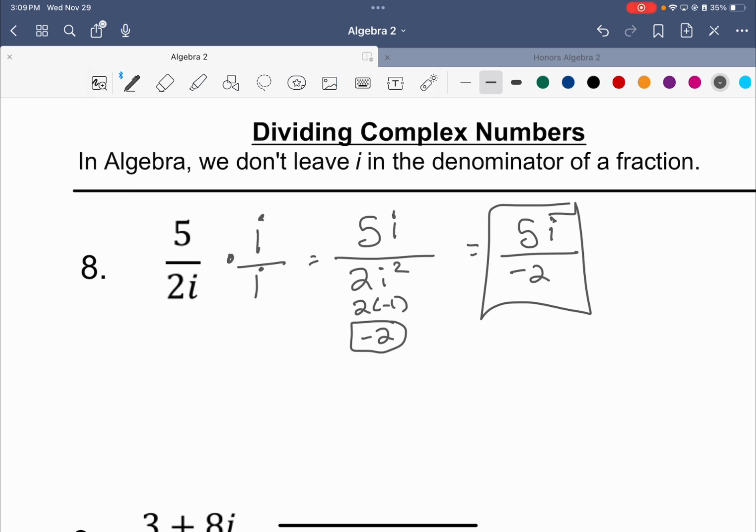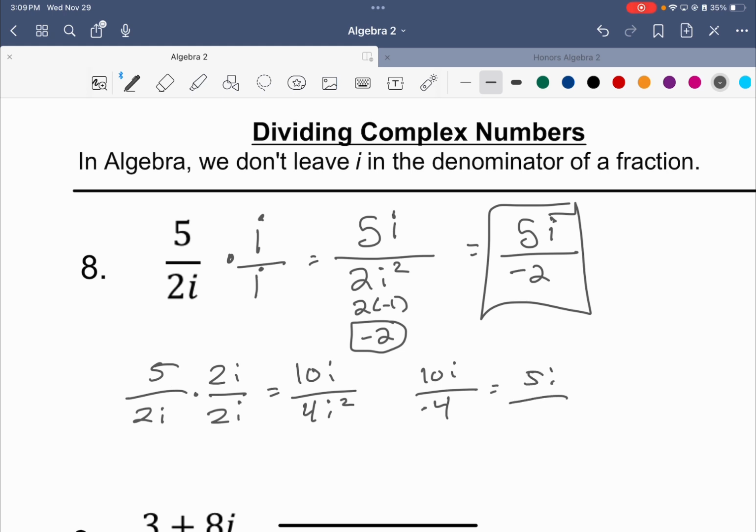If I would have multiplied by 2i over 2i instead, let's just talk about that. If I would have done 5 over 2i times 2i over 2i, that gives me 10i over 4i squared, so that's 10i over negative 4. But I can reduce the fraction now, right?